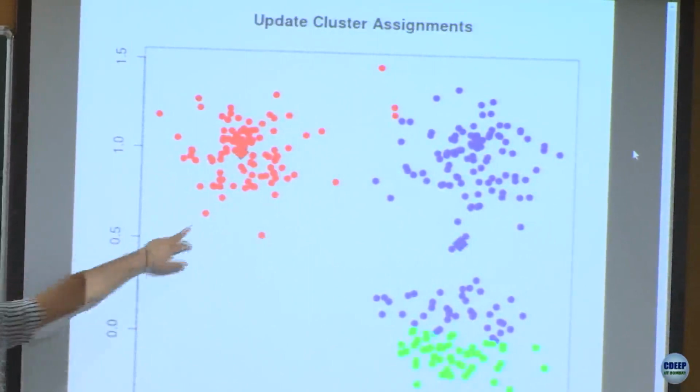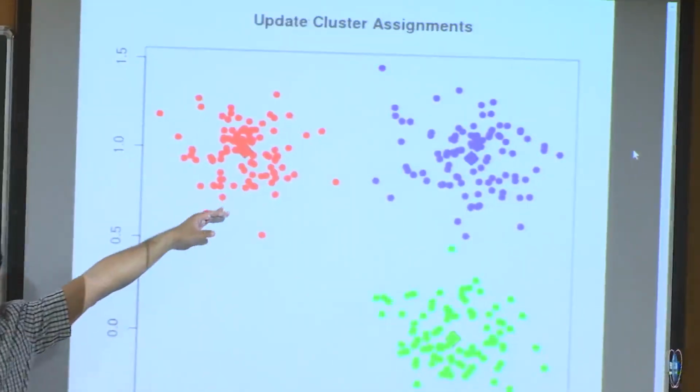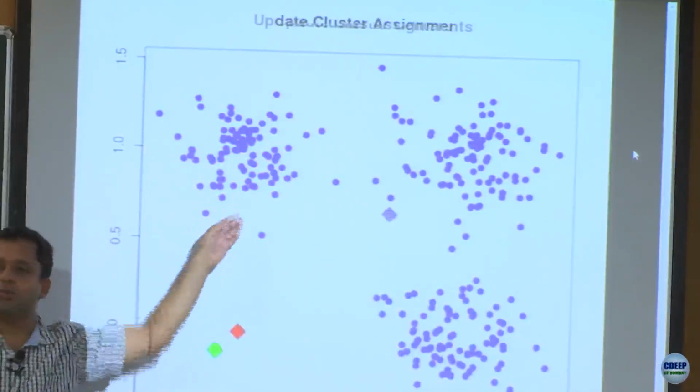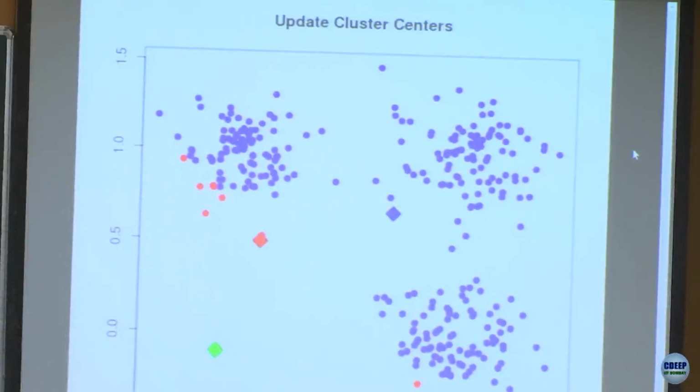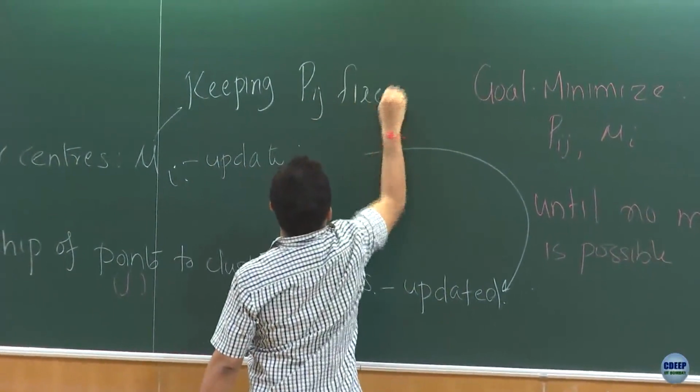The coloring of the points, that remains fixed when the cluster centers are moved. And once the cluster centers are moved, when I am recoloring the points, I fix the cluster centers. Okay. So the cluster center mu_i update, the membership P_ij fixed.